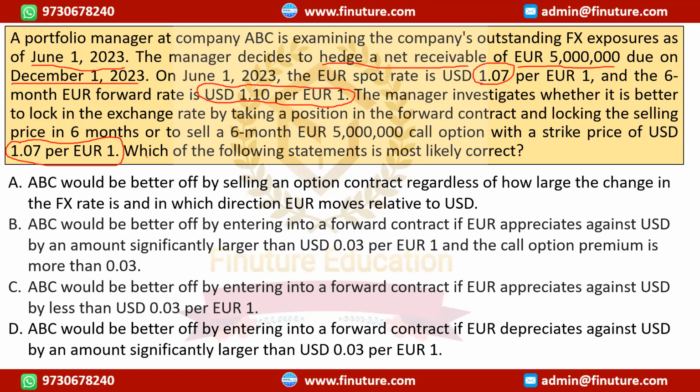There is no relevance with this question, but it's good to keep a good observation when you are trying to understand the question. So it's at the money. The portfolio manager can earn a good premium by selling this option.